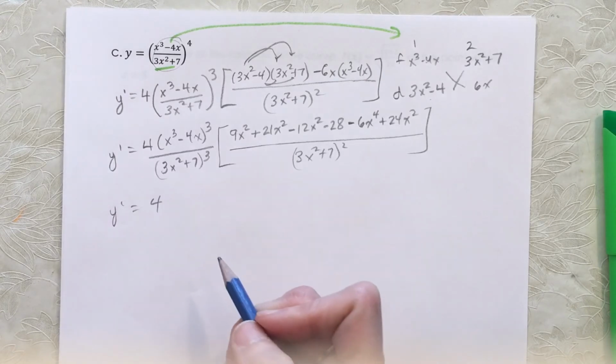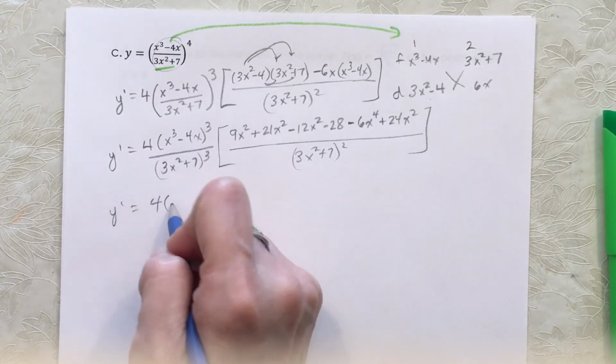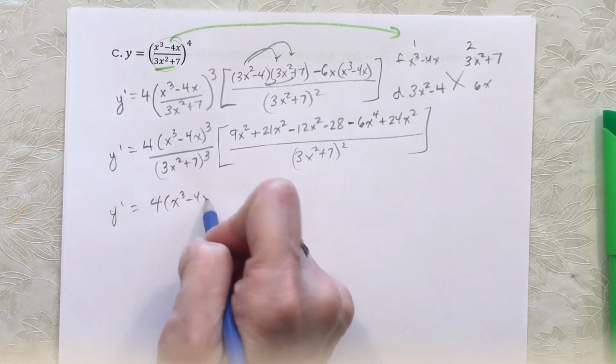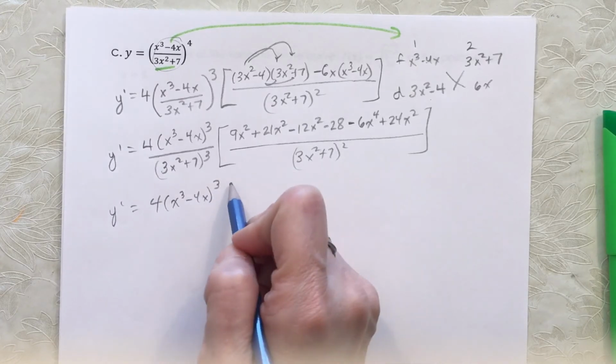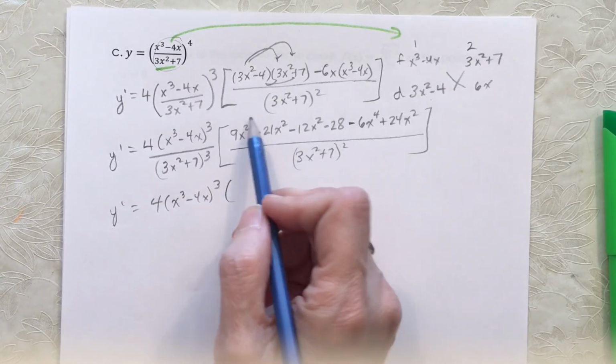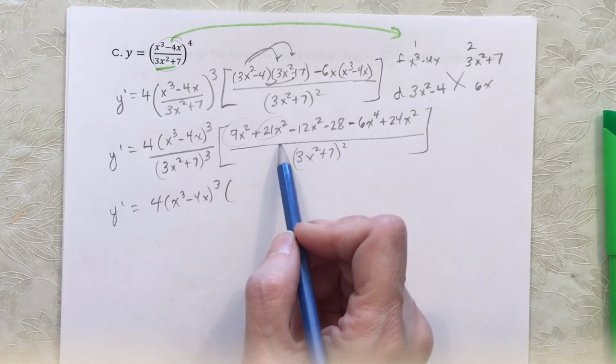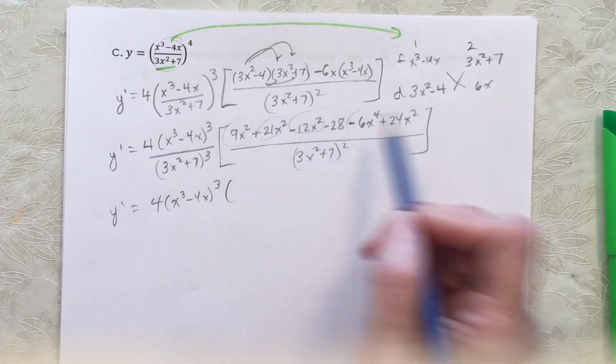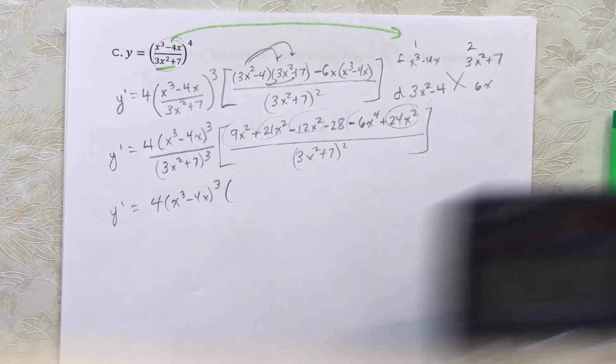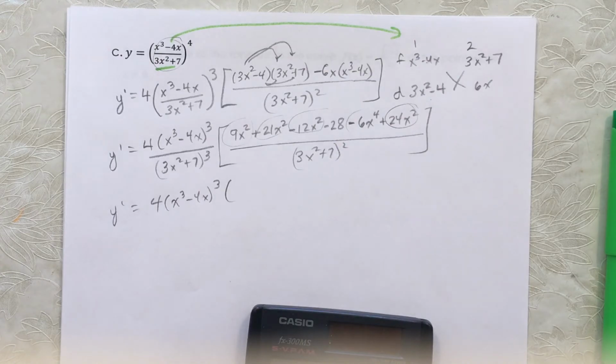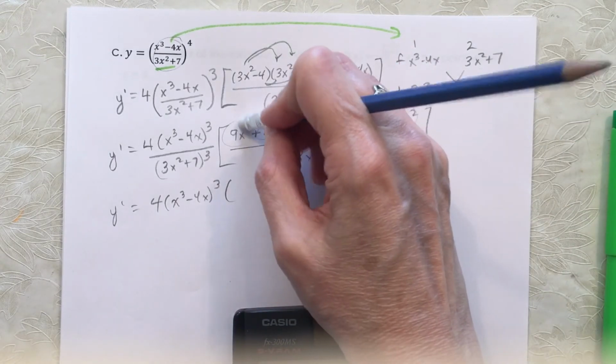So I've got 4 times x cubed minus 4x cubed times, right, so let's collect my x squared terms. Oops, this should be 9x to the fourth, my bad.